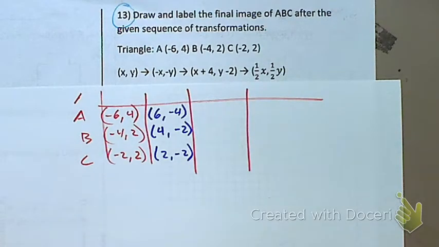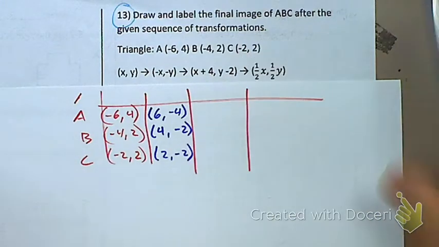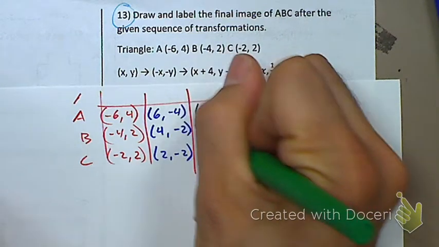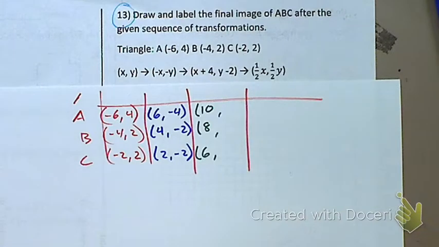Next, what's happening to my x's? They are being added. Added by 4. So 6 becomes 10, 4 becomes 8, 2 becomes 6. And my y's? They are being subtracted. So what's negative 4 and negative 2?